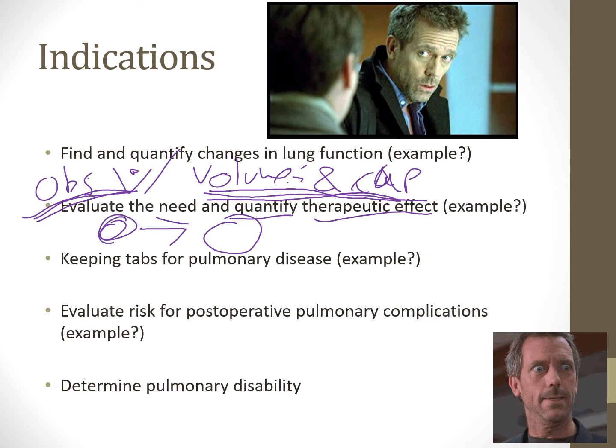Over here would be a low flow rate, and then over here I want to see how big the flow rate change is, because remember, if we go from a small radius to a large radius, we should get more gas flowing through that bigger hose. So I'm going to look at that flow rate change. How therapeutic was that bronchodilator?